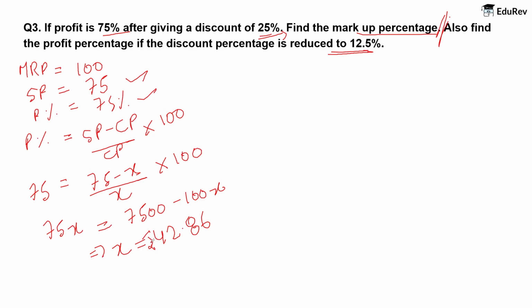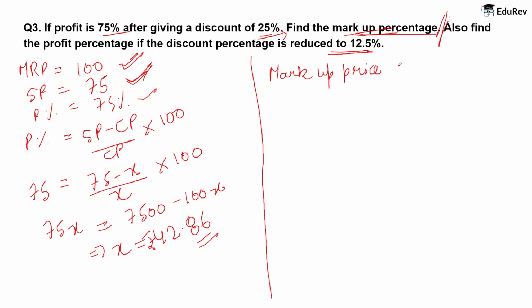So this is the cost price. 42.86 rupees is the cost price. Selling price is 75 and MRP is rupees 100, which we had assumed in the very beginning. Now we are told to calculate the markup percentage. And in the very beginning, while explaining you the terminologies, I told you that markup percentage or markup price is nothing but how much more did the shopkeeper mark the MRP as compared to the CP.